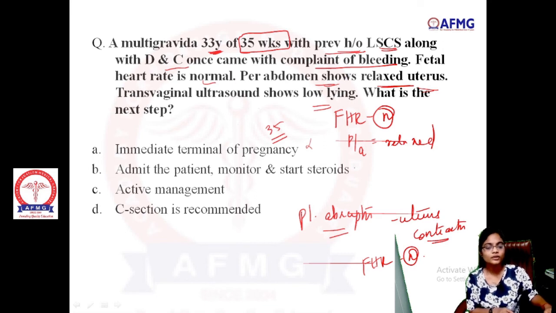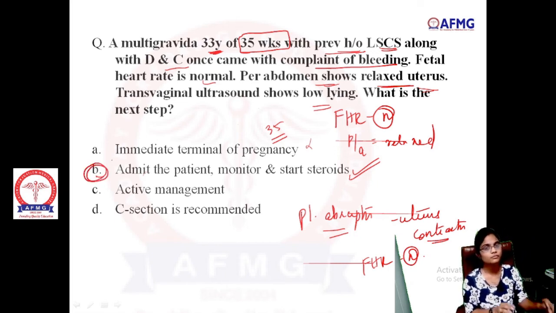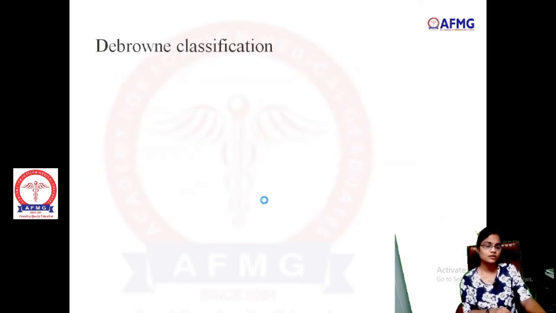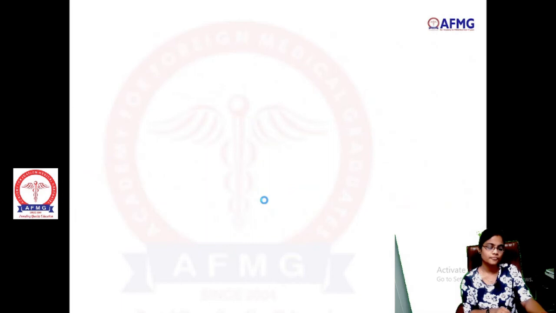So we can go with the option of admit the patient, monitor the patient, do all the blood investigations and start the steroids so that fetal lung maturity will be gained. We cannot do active management, and we cannot go for cesarean section also, right?